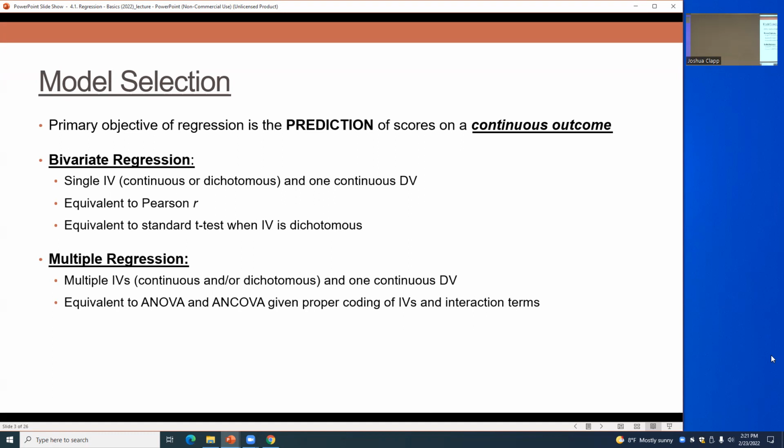Multiple regression is going to be just ANOVA and ANCOVA, again another special case of regression. If I code my independent variables and interaction terms properly, I'm going to get the exact same thing. They're equivalent tests. For the most part, if I have a means-based analysis and different groups, I use an ANOVA because it maps onto the thing, but I don't have to.